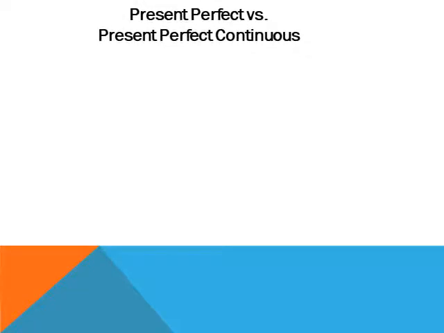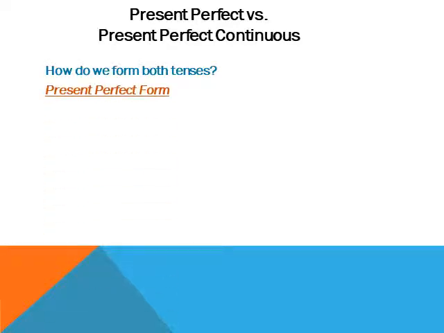So, today's lesson is about the present perfect versus the present perfect continuous. How do we form both tenses, the present perfect and the present perfect continuous? To start with, we have the present perfect form. How do we form the present perfect?